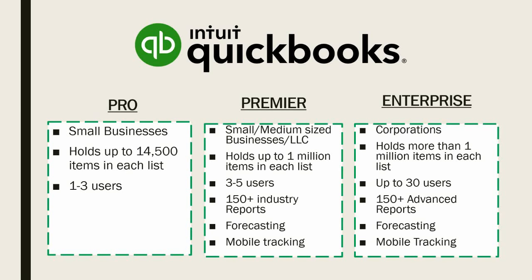But back then, 14,500 was actually a lot for Premier. Okay. So again, I want you guys to remember this: for Premier 2018, the maximum amount of items you can have is 14,500. And you will get to see that, I believe, on the first page when you open your introduction. It does give you a little synopsis of each product in detail of what the differences are. Okay.